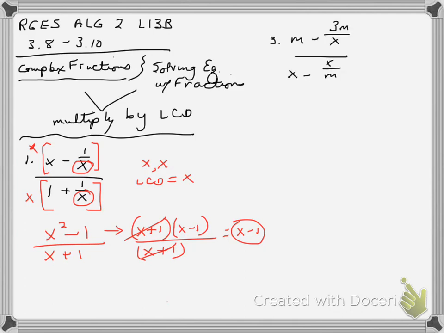For my next problem, I'm going to identify my denominators. And so my least common denominator will be xm. I'm going to multiply. I have an x here in the numerator of the complex fraction, so I need the m as my multiplier.